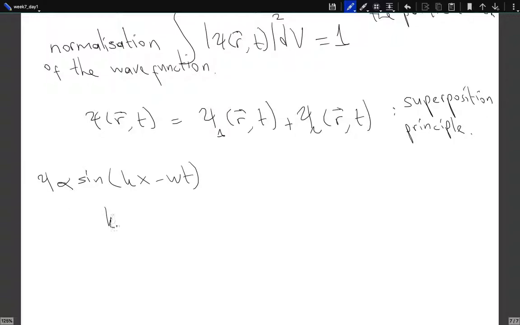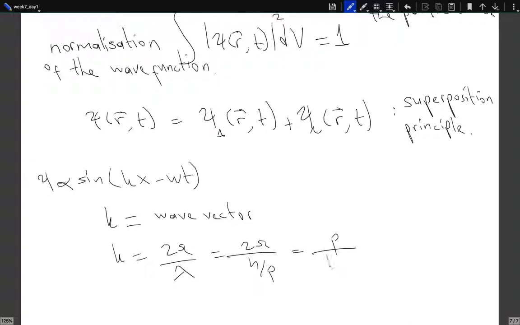Okay, so what is this k? It's the wave vector. You can write it in terms of other properties like 2 pi over lambda. And lambda is h over p, so k is p over h over 2 pi, which is usually defined as p over h bar.